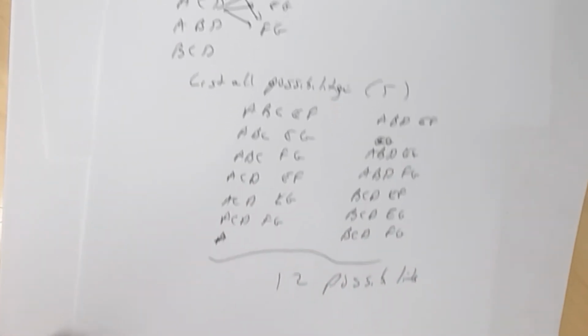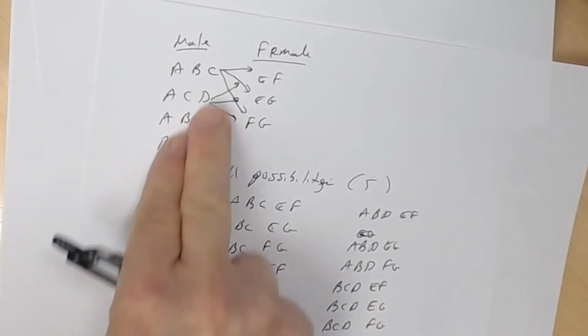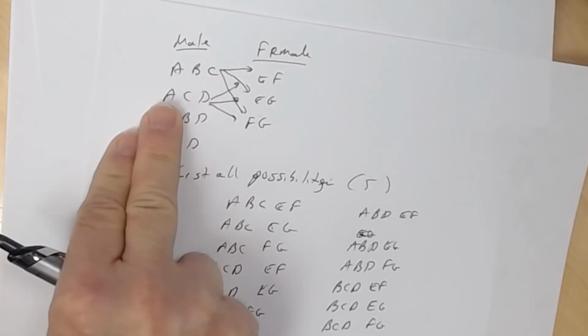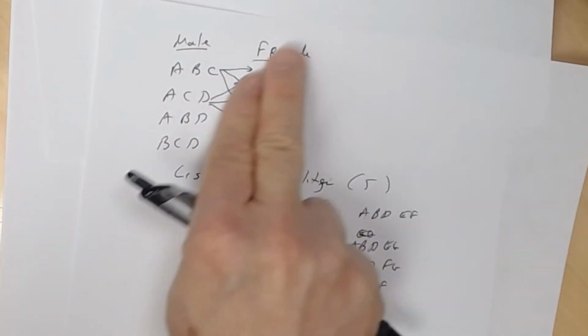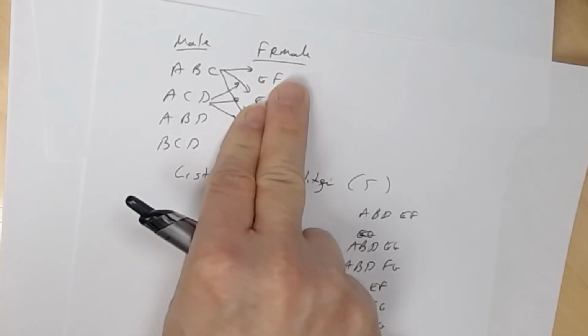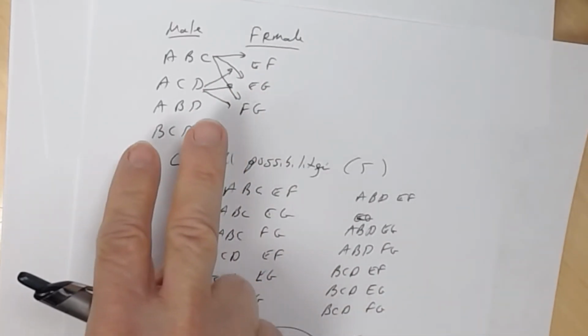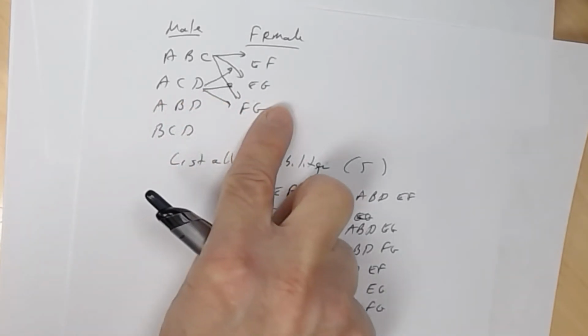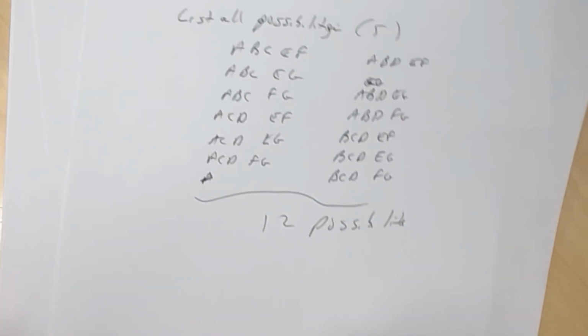So basically what you notice is this. I have 4 ways of picking my male friends, my 3 male friends, and then there are 3 ways of picking my female friends, and then using the fundamental counting principle, 4 times 3 gives me 12.